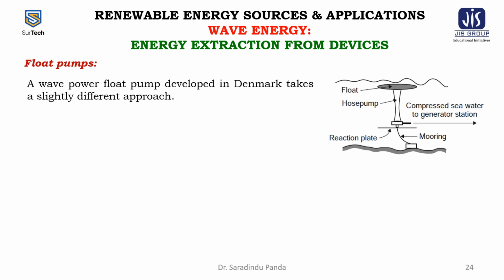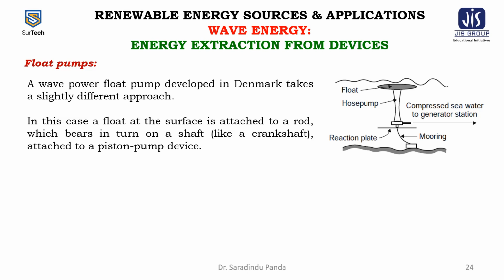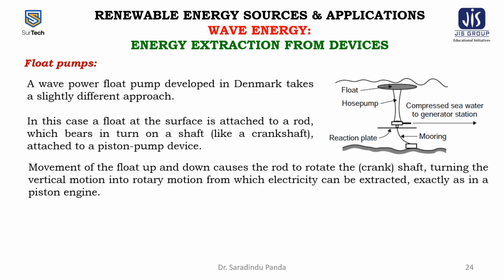The wave power float pump developed in Denmark takes a slightly different approach. In this case, a float at the surface is attached to a rod which bears in turn on a shaft attached to a piston pump device.